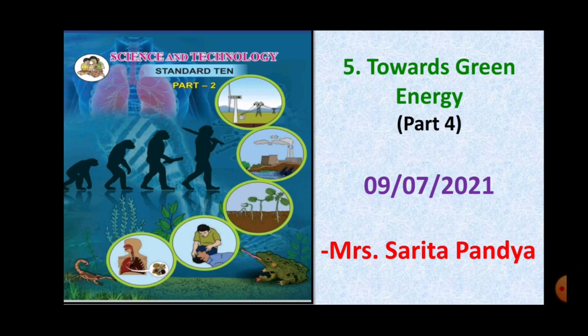Now, the basic principle of generation of electricity is based on electromagnetic induction, which was discovered by Michael Faraday. According to this principle, whenever a magnetic field is changed around a conductor, a potential difference is generated across the conductor.